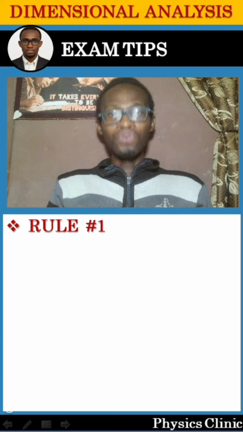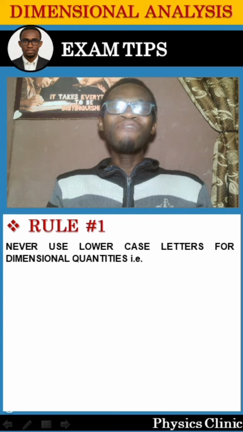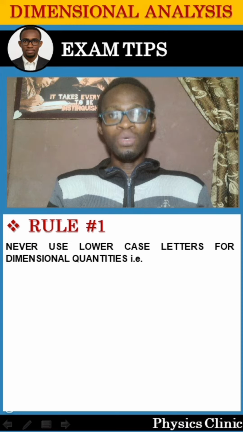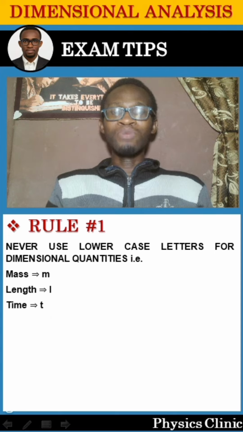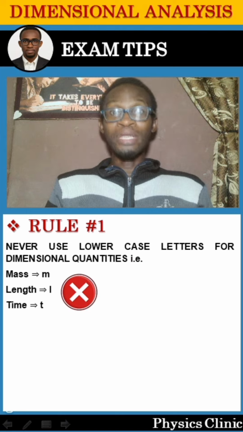So the first rule that you should never forget, number one, is never use lowercase letters for dimensional quantities. When we talk about lowercase letters, we are talking about small letters. For example, making use of small letter m for mass, small letter l for length, and small letter t for time. This is totally unacceptable.